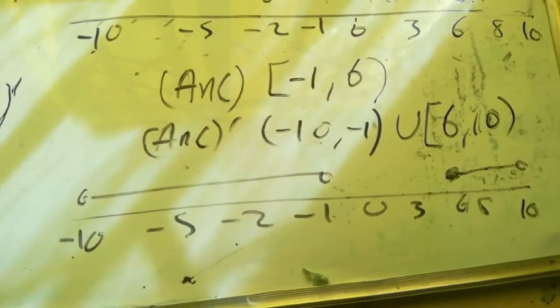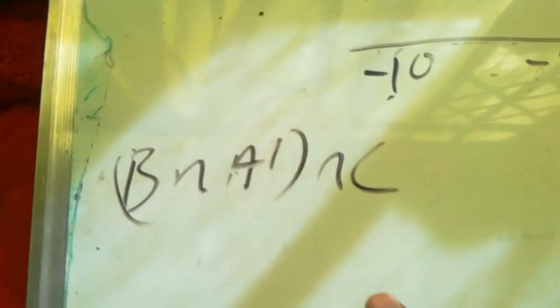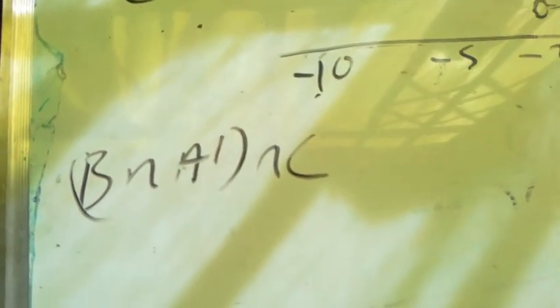Alright, so let's quickly solve the last question. So this is our question: B intersection A complement intersection C. So first start with what's in the brackets. So B intersects with A complement.